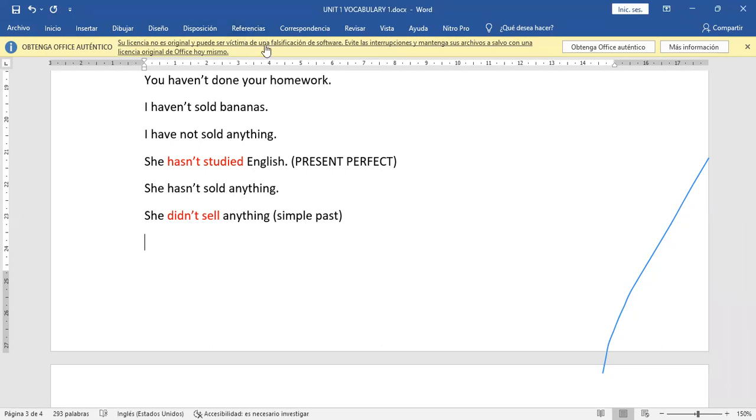I understood. Yeah, simple past. "Entendí." I understood.